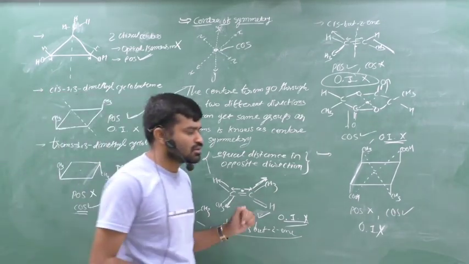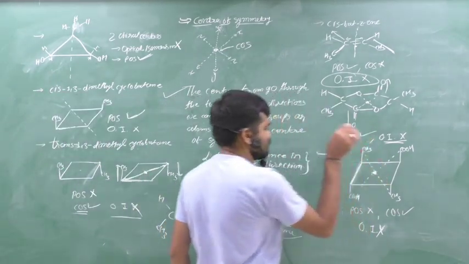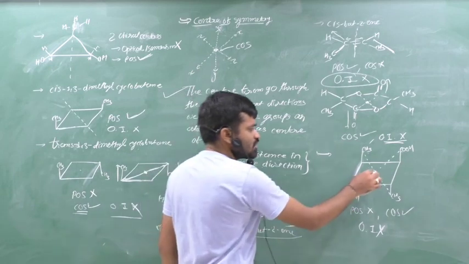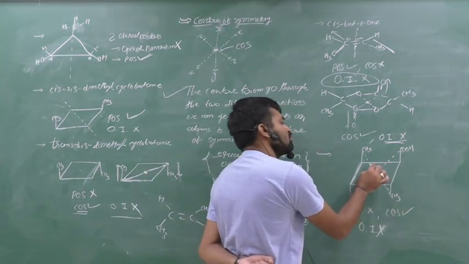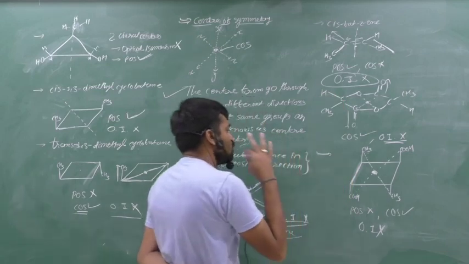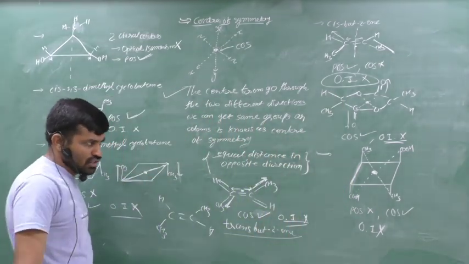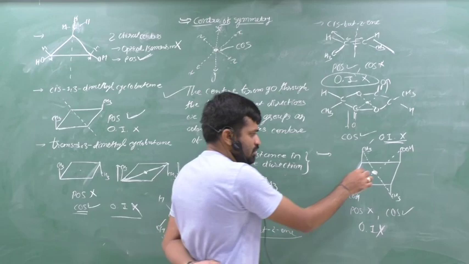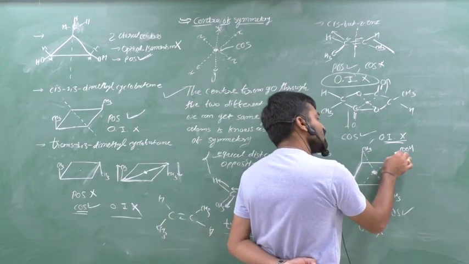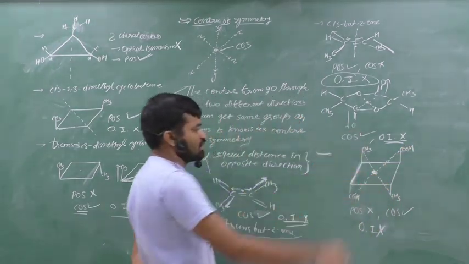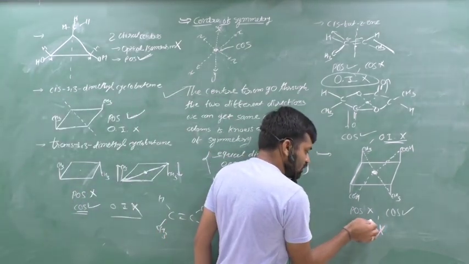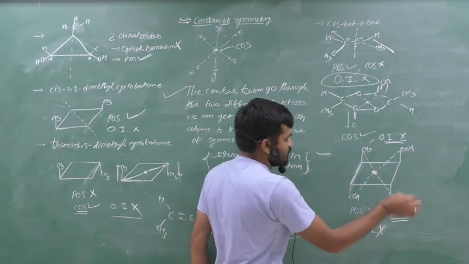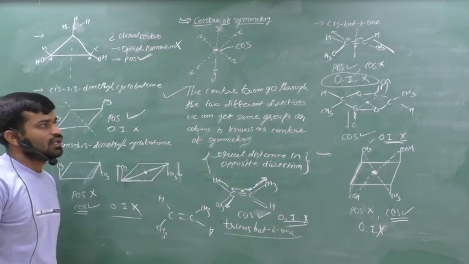Now think about the center of symmetry. It is a center. If we go through the downside, we have a methyl. If we go through the upside, we have a methyl. Opposite direction, equal distance, same molecule. The center of symmetry is present. Going upside and downside, COOH, COOH. Therefore this molecule has a center of symmetry and does not show optical isomerism.